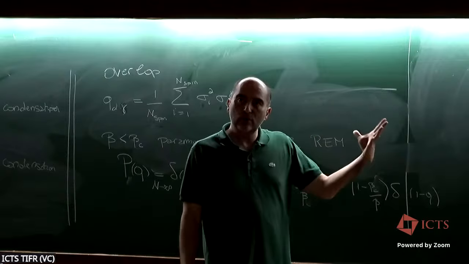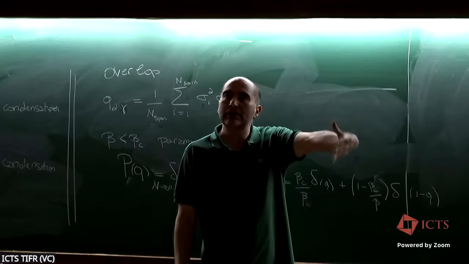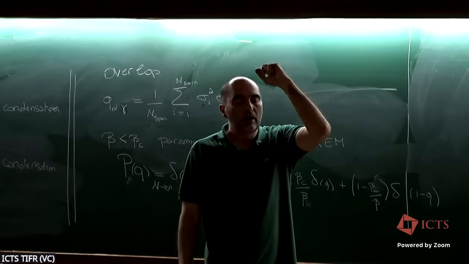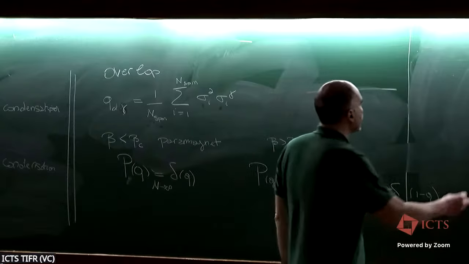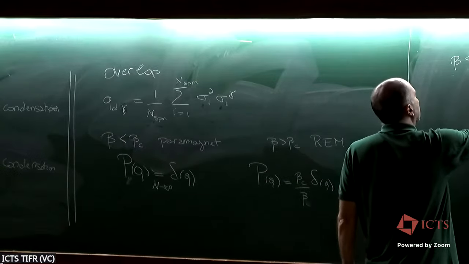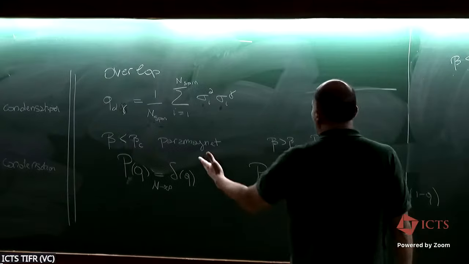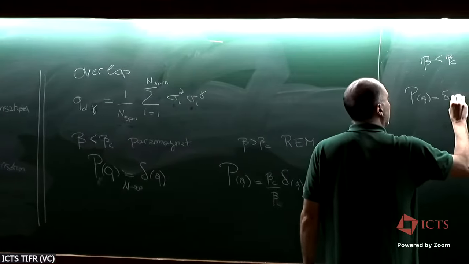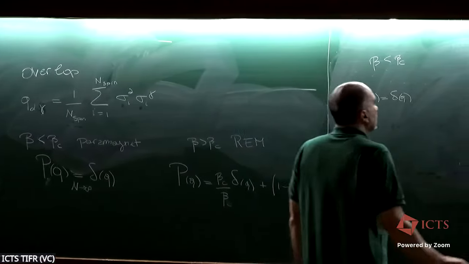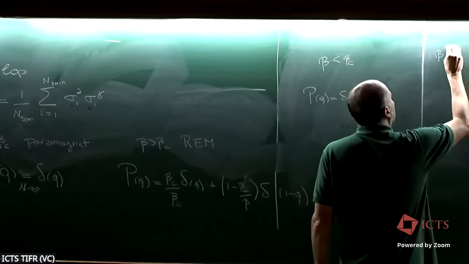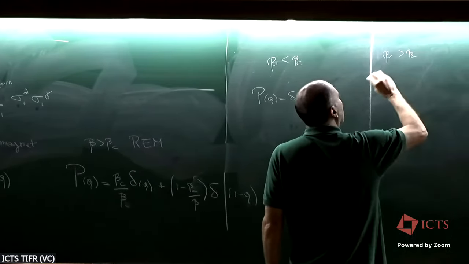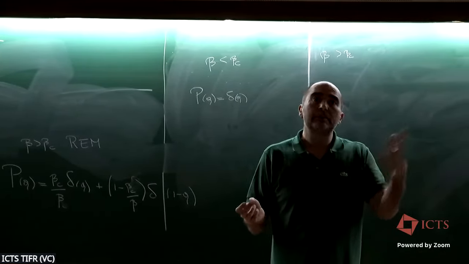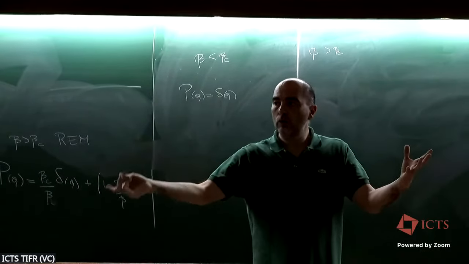So let's go back to the example of the ferromagnetic transition, okay? So if you are in a ferromagnet, what will happen? For beta smaller than beta c, you are a paramagnet, so you will have P of Q equal to delta of Q. Now, what happens when you become a ferromagnet? The configurations, okay, they have either a positive magnetization or a negative magnetization.